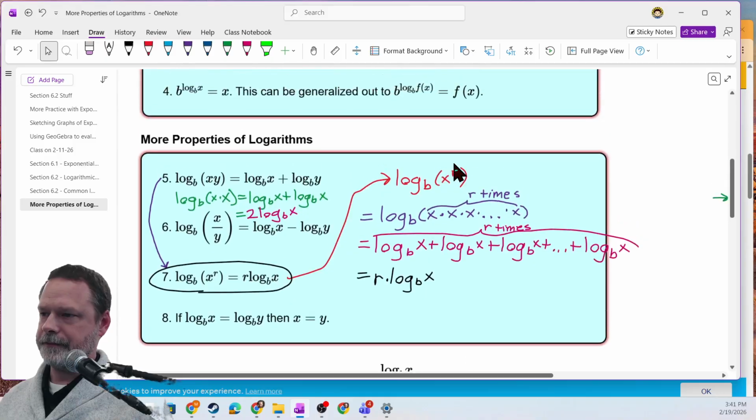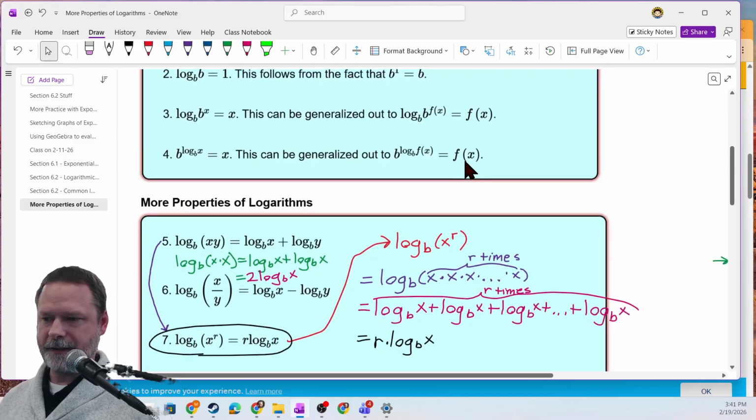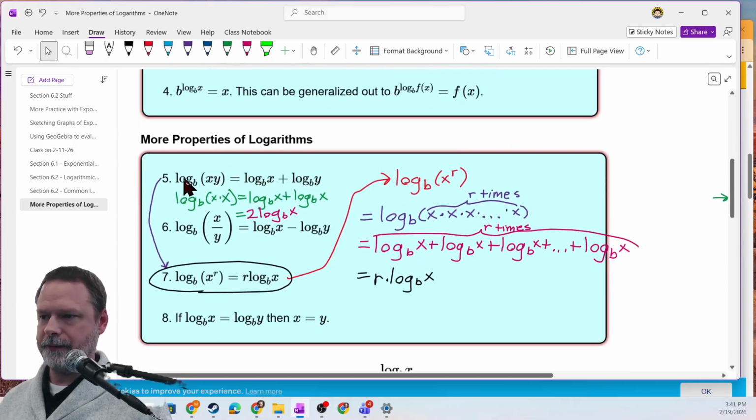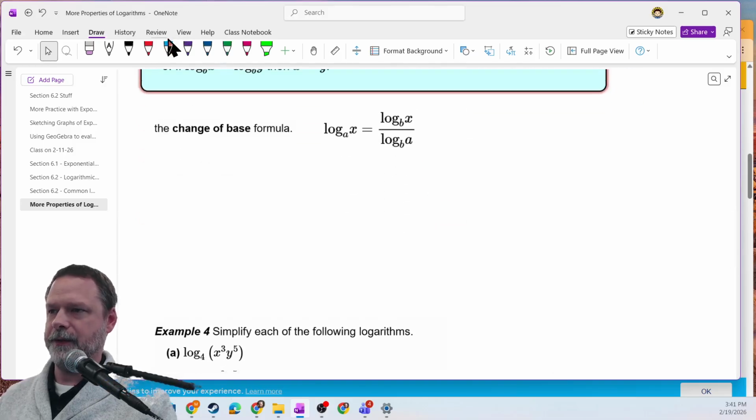Who cares? Okay, but the way we're going to prove this is similar to the way we proved property 5 up here. So let's see if we can do this.